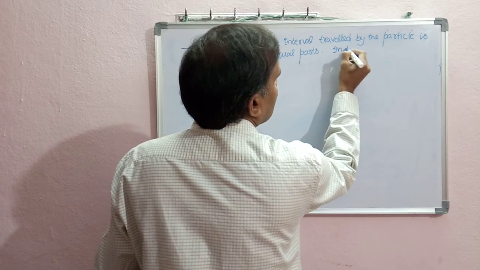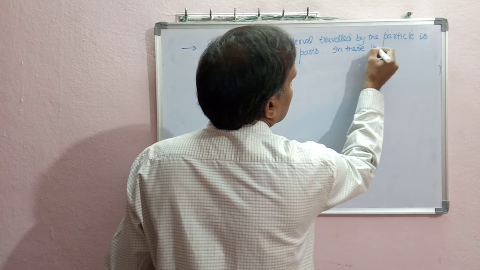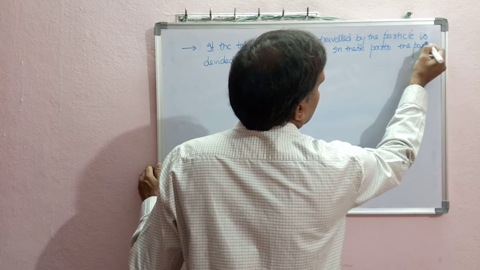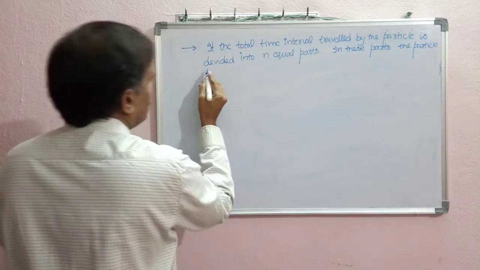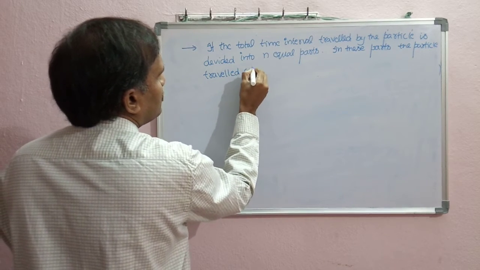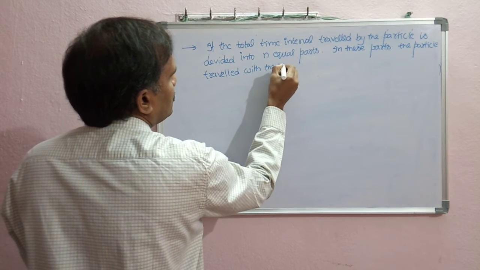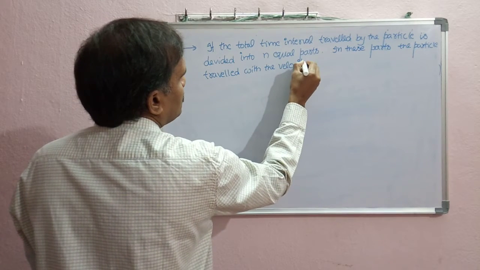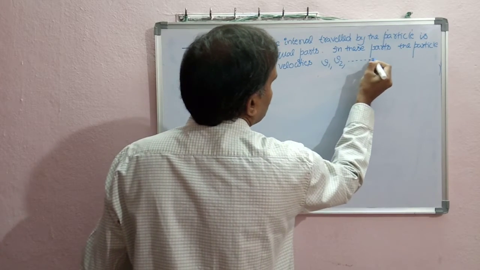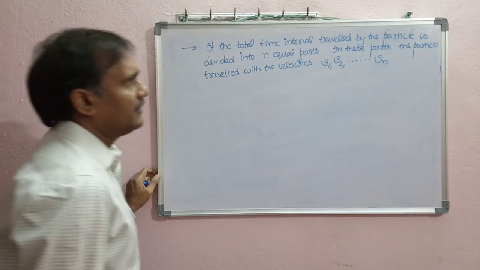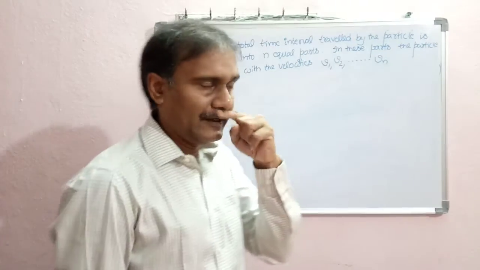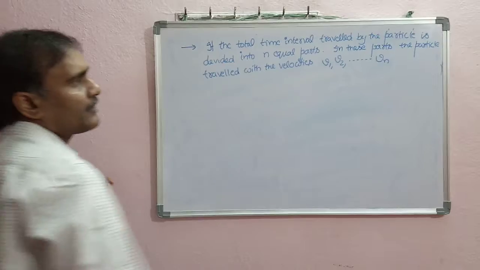In these parts, the particle traveled with the velocities V1, V2, so on up to Vn.